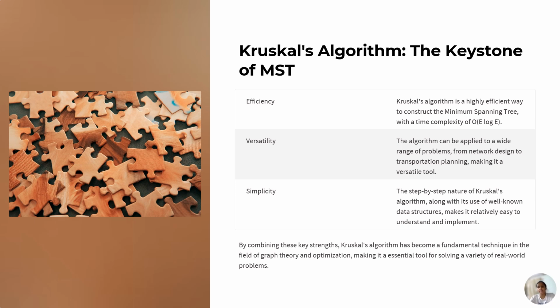Simplicity: the step-by-step nature of Kruskal's algorithm along with its use of well-known data structures makes it relatively easy to understand and implement. By combining these key strengths, Kruskal's algorithm has become fundamental in graph theory and optimization, making it an essential tool for solving many problems.